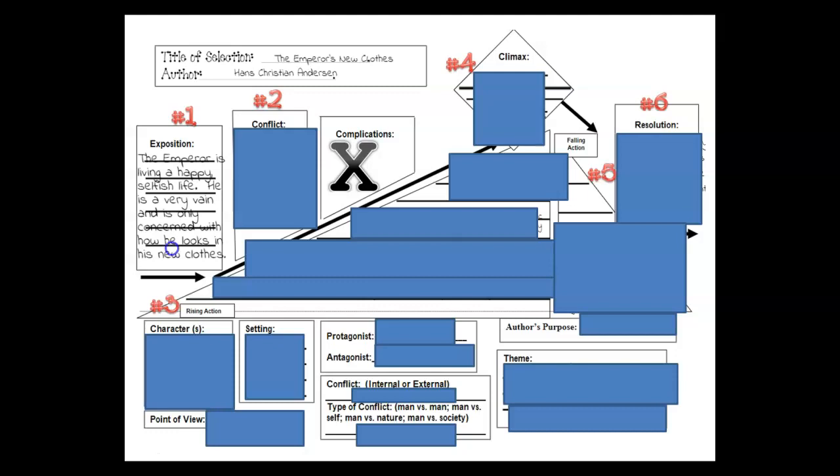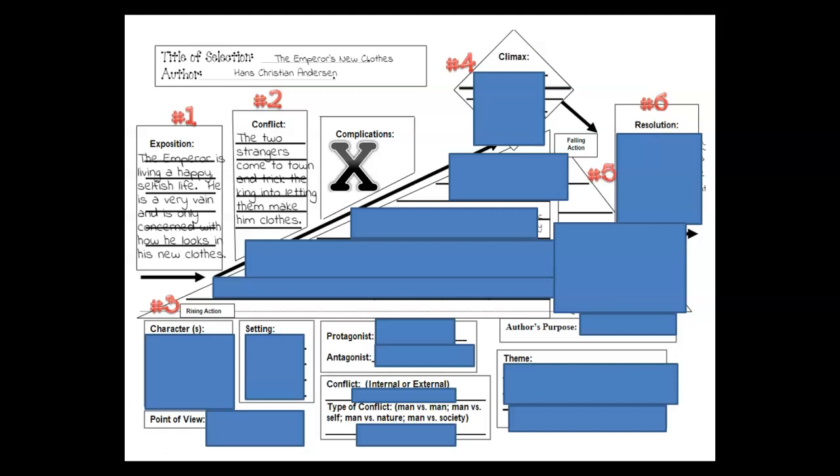Then we move along until we get to the conflict. The conflict starts when the two strangers, which they refer to as swindlers, come to town and they trick the king into letting them make him clothes. So that's where we see the conflict.